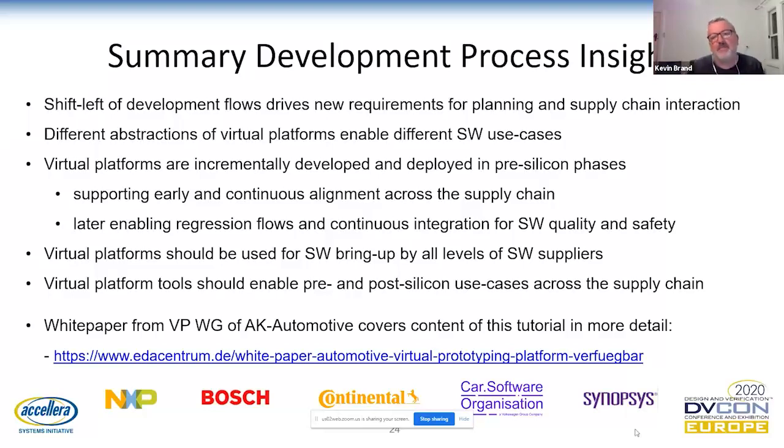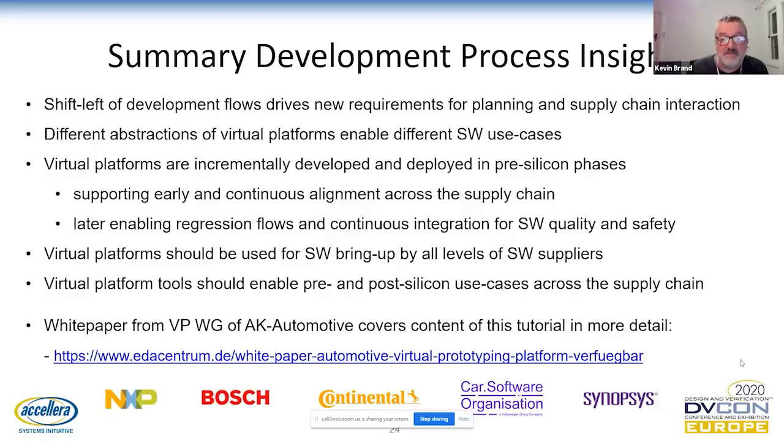You heard Ingo talking about this as well. Everyone has to support it for their part of the software stack. There are multiple players in a software stack through the tiers, but it's key to getting them all on board and engaging them with the virtual prototypes in order to make the virtual prototyping project successful.